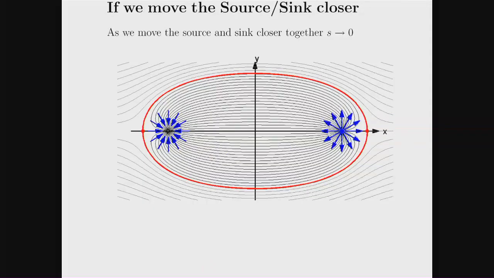So what happens if I move my source and sink closer to each other, if I move both of them towards the origin? According to our equation of the separatrix, as s approaches 0, you're going to get x squared plus y squared, which is a circle with a radius of 0.